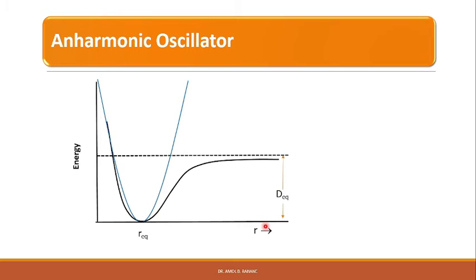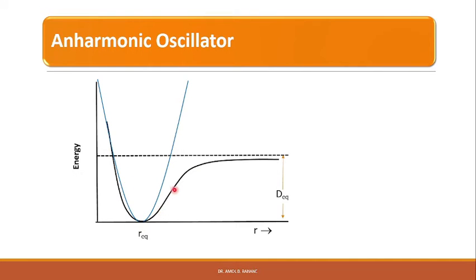So the dissociation energy we can see here, right. This is the Morse curve, and here we consider the parabolic approximation. Within the parabolic approximation our diatomic molecule behaves like a simple harmonic oscillator, right. But real molecules are not simple harmonic, they are unharmonic, and therefore for real molecules we get this kind of curve, right.